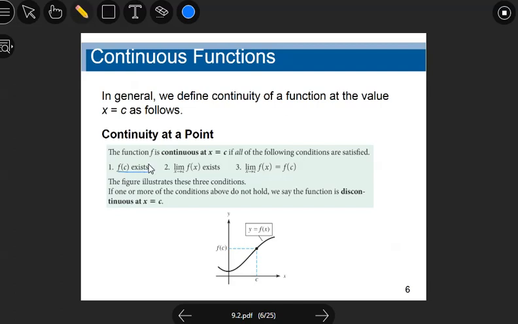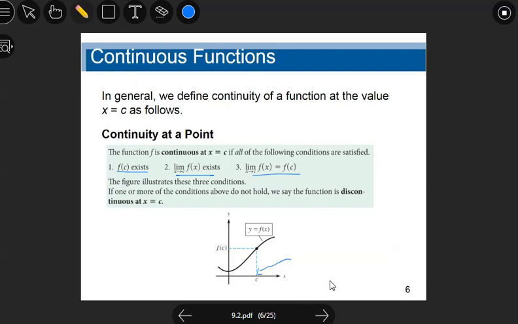Second, when x goes to c, the limit of f(x) at c must exist, and third, these two values must be equal. Then we can say that at the point c it has continuity.